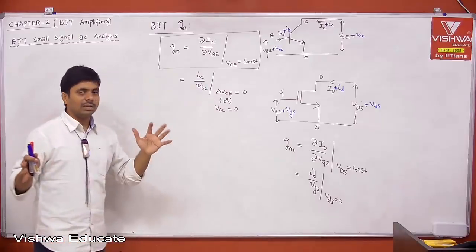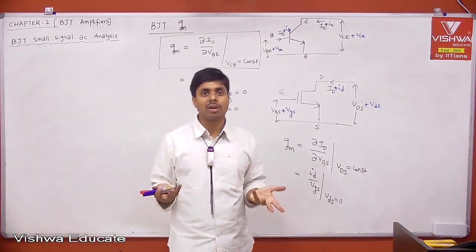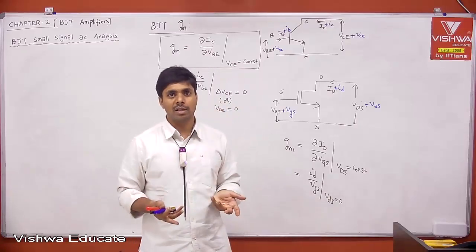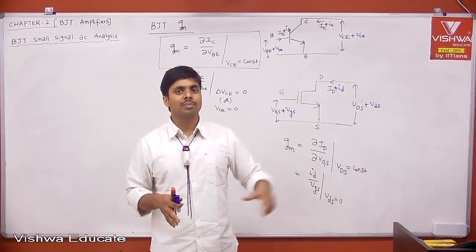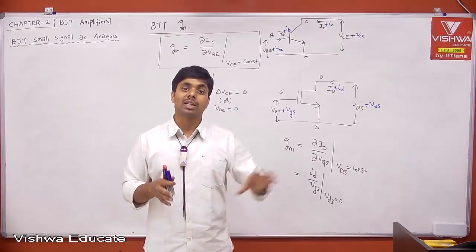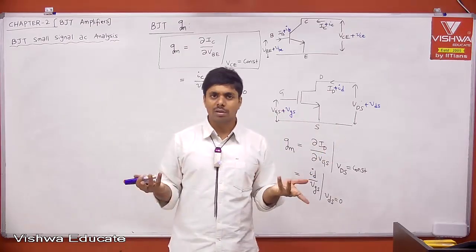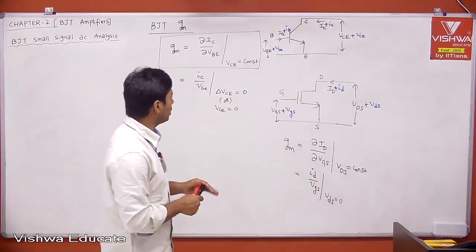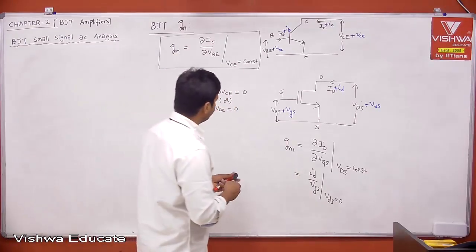Maybe in future if you get some new device or system, you can calculate GM for the system also, which is the transconductance gain. If you take a system as a black box, what is the change in output current because of the change in input voltage, keeping the output voltage constant, or the change in output voltage 0. That is the definition of transconductance. And remember, this is for your MOSFET.